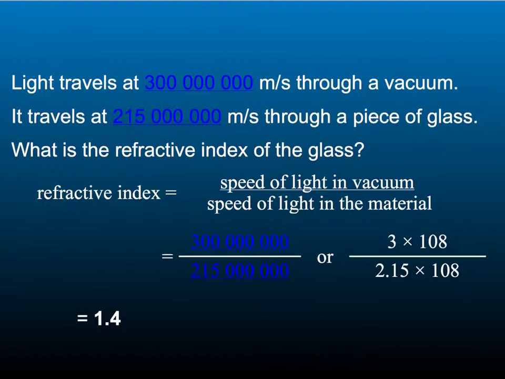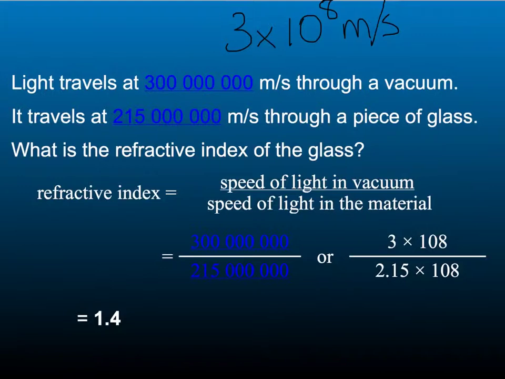The speed of light is a constant. It's 3 times 10 to the power of 8 metres per second, or 300 million metres per second through a vacuum. However, when it travels through a material, it can slow down.